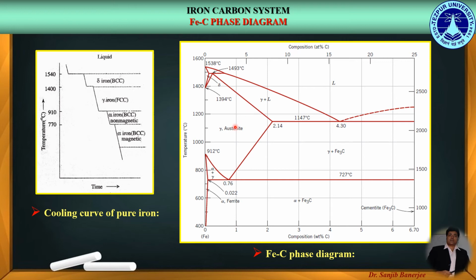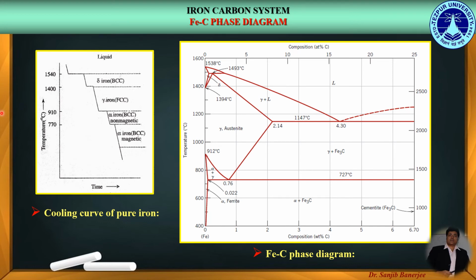In between the austenite and liquid phase, we get the austenite plus liquid phase, and in between the austenite and cementite phase, we get the austenite plus cementite phase. So, these are the different phases which are present in the iron carbon phase diagram.